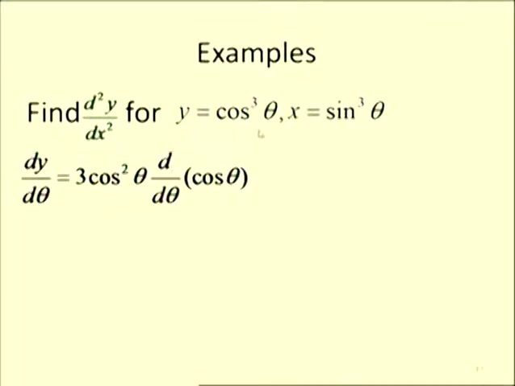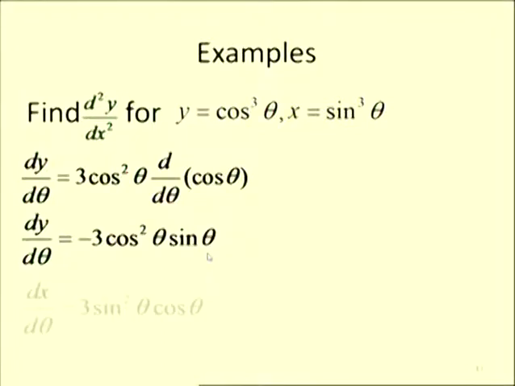Here again we are using the chain rule. So the next step is 3 cos square theta will remain the same into the derivative of cos theta, which is minus sin theta. So it will become minus 3 cos square theta into sin theta.